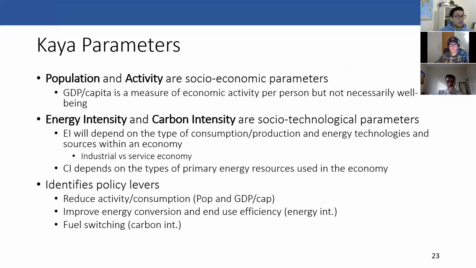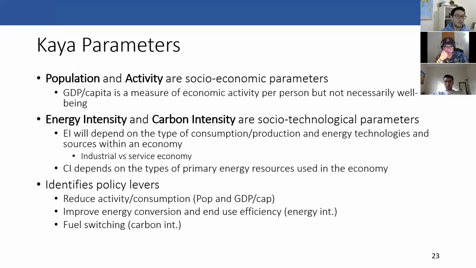One simple example is if you were to break this down into different transport modes, the energy intensity coming from specific technologies within that sector may be really different depending on how you decide to shift towards one transport mode.